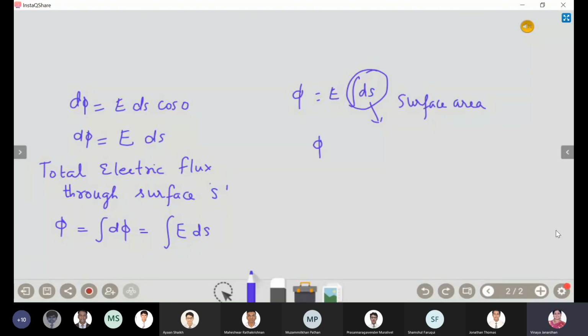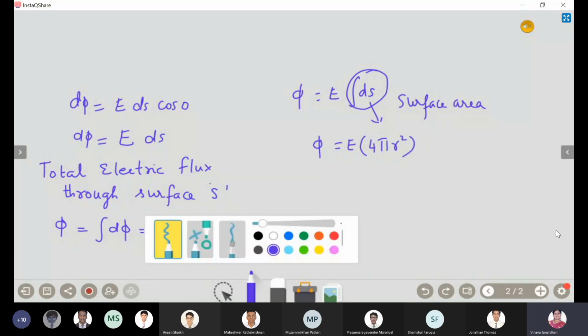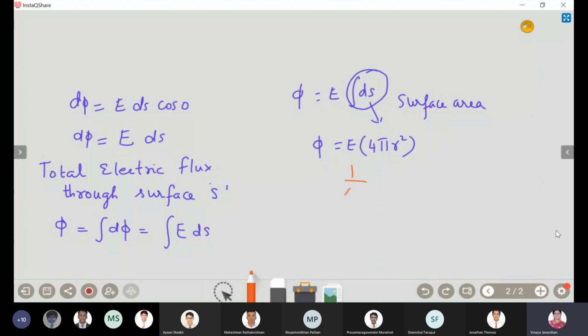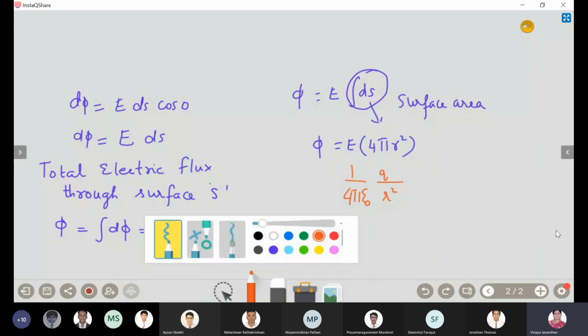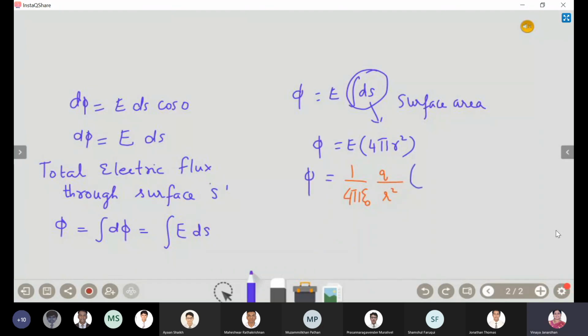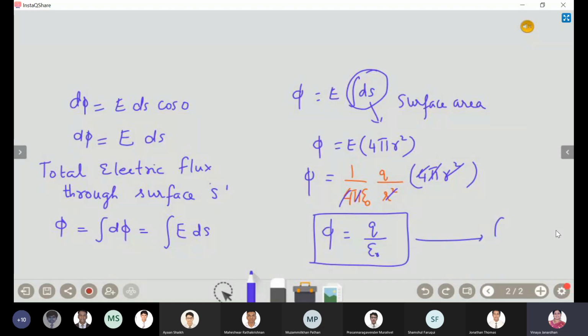So phi becomes equal to E into 4 pi r square. Now E is 1 by 4 pi epsilon naught Q divided by r square, into 4 pi r square. So phi becomes equal to Q by epsilon naught. This is Gauss's law.